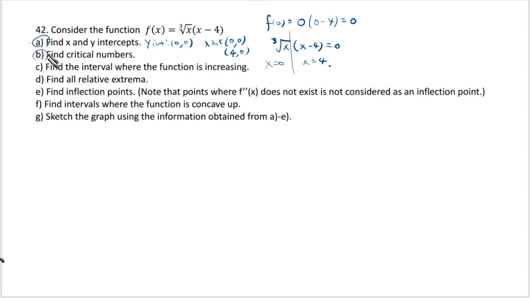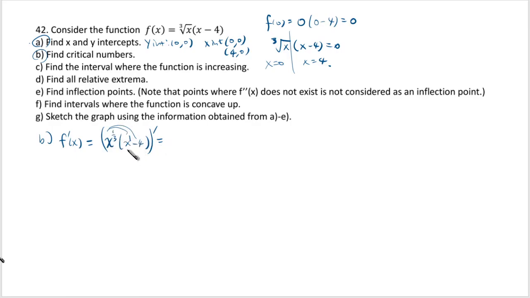Okay, so that's done. Find critical numbers. To get the critical number, you have to differentiate. Now, you could use the product rule to do this, but it's actually easier if you first change this into 1/3 power and distribute this 1/3 power to each of them to do the power rule. So you don't have to use the product rule if you just multiply them out.